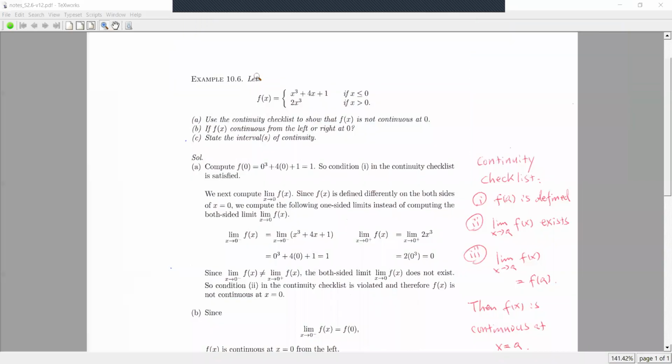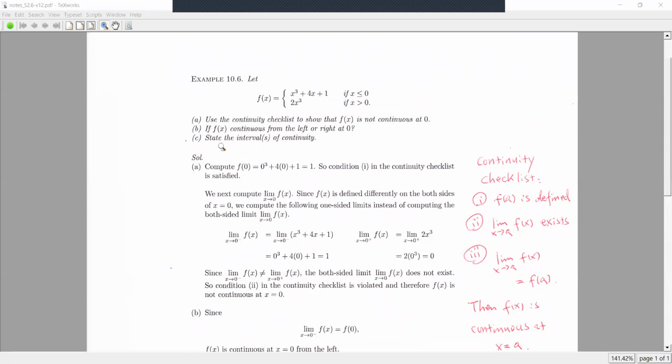Example 3. Consider this piecewise defined function. A. Use the continuity checklist to show that the function is not continuous at point 0. B. Is the function continuous from the left or from the right at point 0?